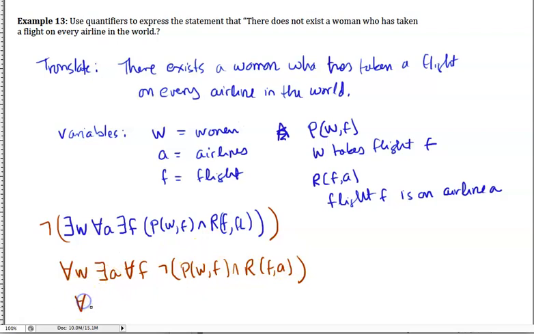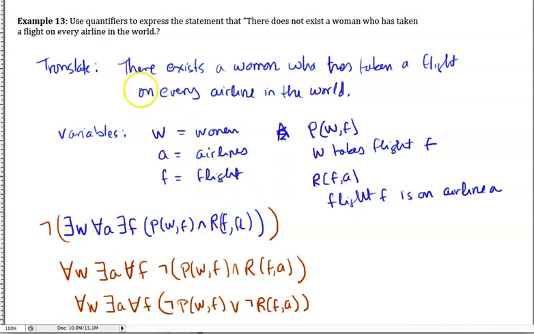So I have, for every woman, there exists an airline whose every flight, there was not a woman on that flight, or there was not a flight on that airline. So that's how the negation works its way in.